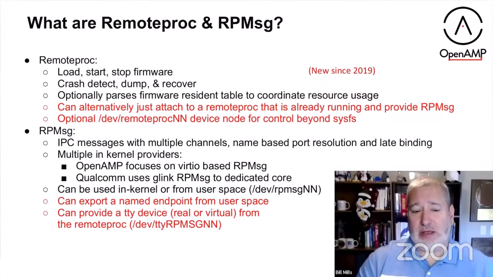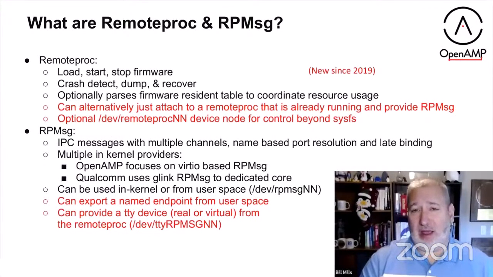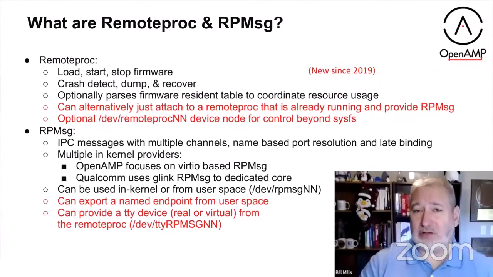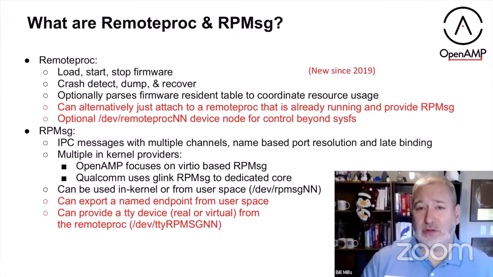Another new facility is the remote processor being able to do a name announcement that then causes Linux to create a TTY device, and you can interact with that TTY device as you would any other TTY device, and that TTY device is implemented over on the remote processor and could actually be talking to a real UART, but maybe more commonly is just talking to the software on the remote processor. So Arno is going to show you both of those new facilities.